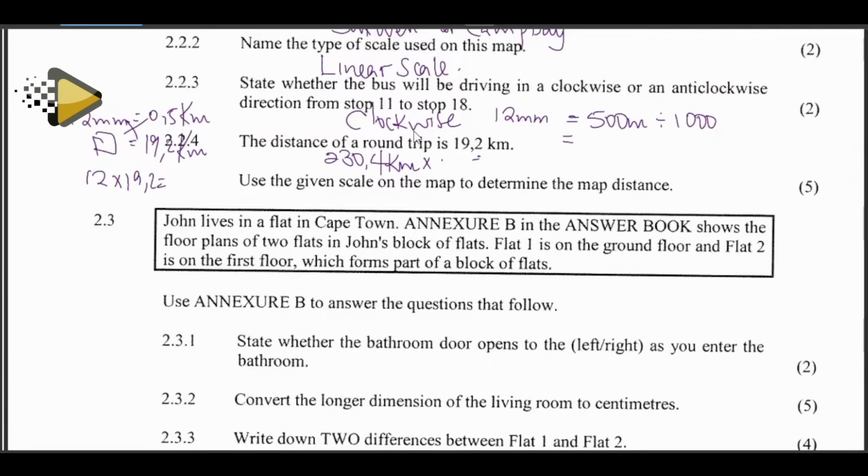So you need to change them to millimeters. You divide by 0.5.